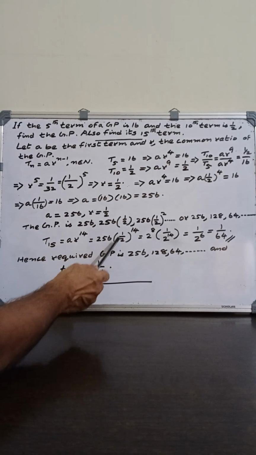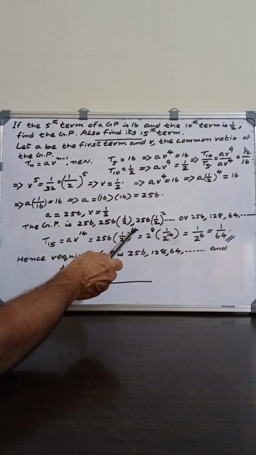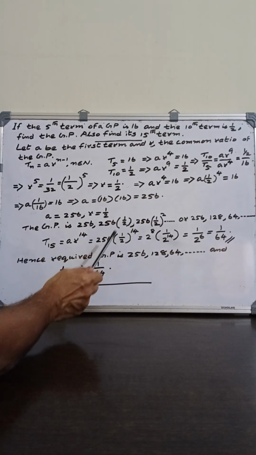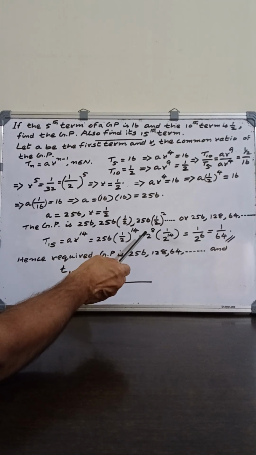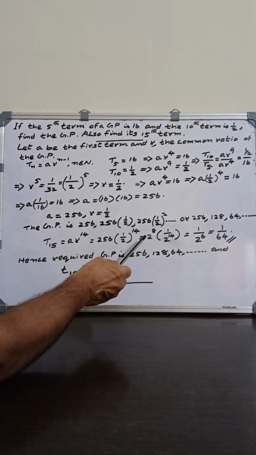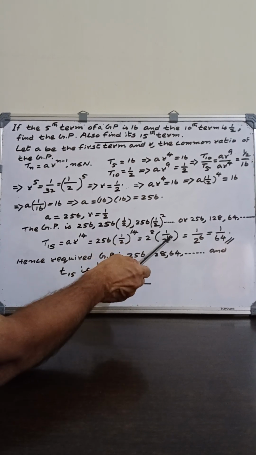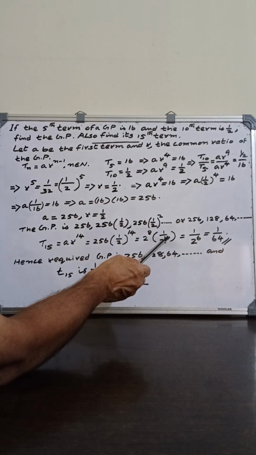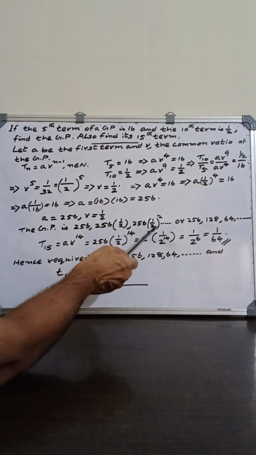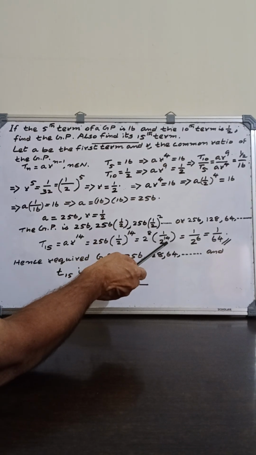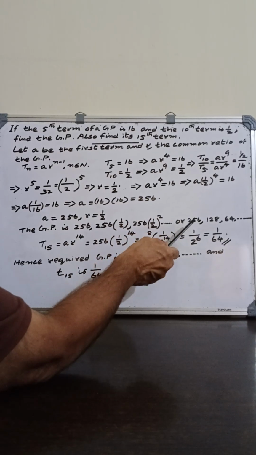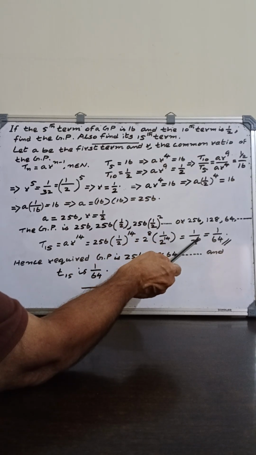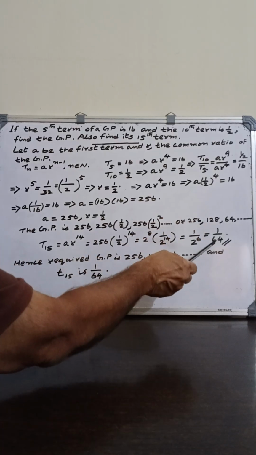Therefore, 256 into 1 by 2 raised to 14. 256 is 2 raised to 8. 2 raised to 8 into 1 by 2 raised to 14. That is 2 raised to 8 by 2 raised to 14 equals 1 by 2 raised to 14 minus 8. That is 1 by 2 raised to 6, that is 1 by 64.